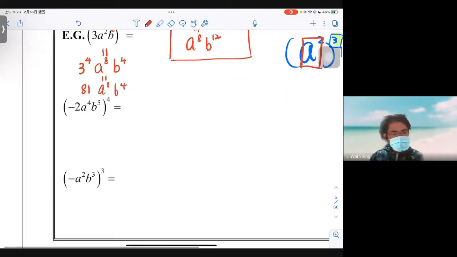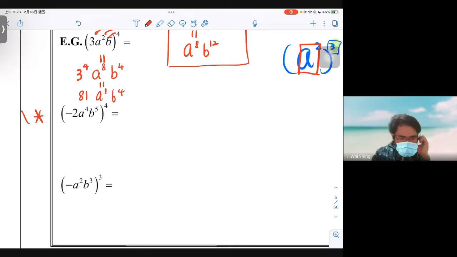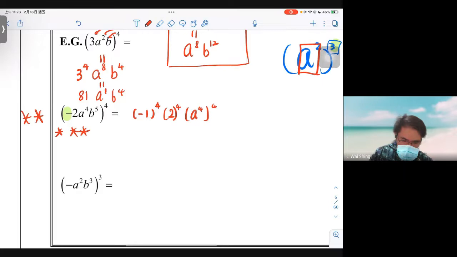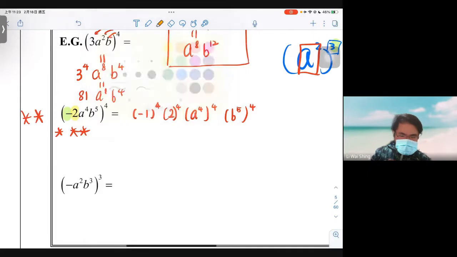All right. For example 2, because there is a minus sign here, I will split the −1 out: (−1)^4, (2a^4)... to the power 4, and b^5 to the power of 4. There are 4 things inside the bracket: negative, that means −1, 2, a, and b.